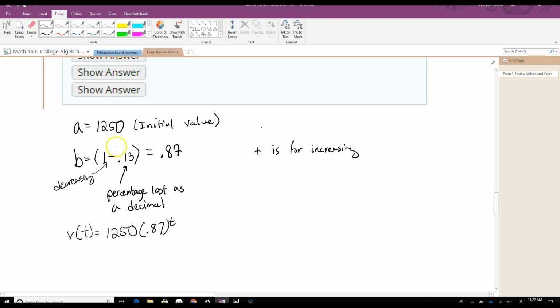In this case, it's 1 minus the 0.13. If we're going to increase in value, then it would be 1 plus the 0.13, but that's not for our case this time around. So my model, v of t, is 1,250 times 0.87 to the t.